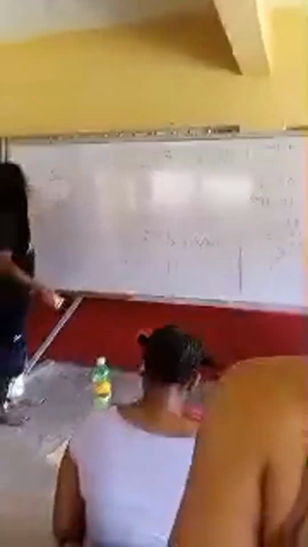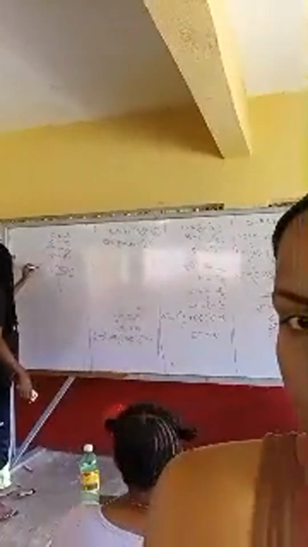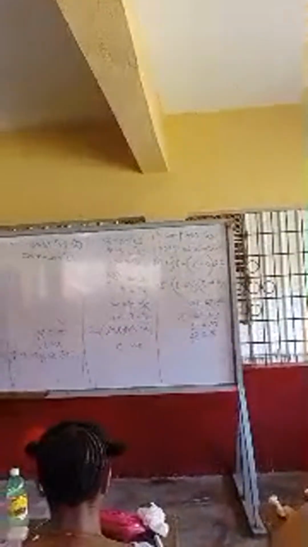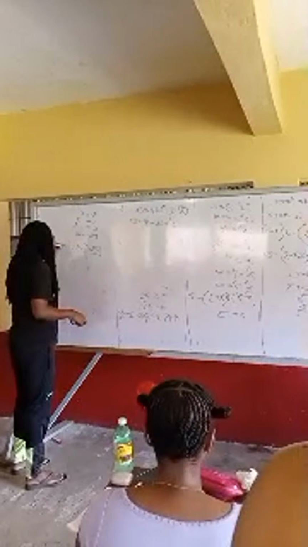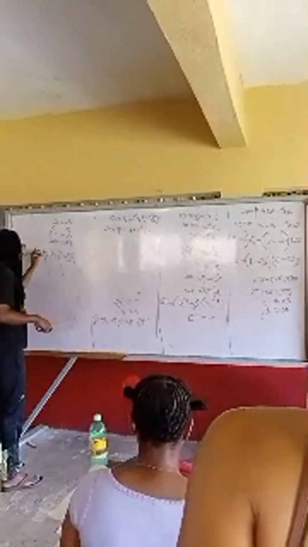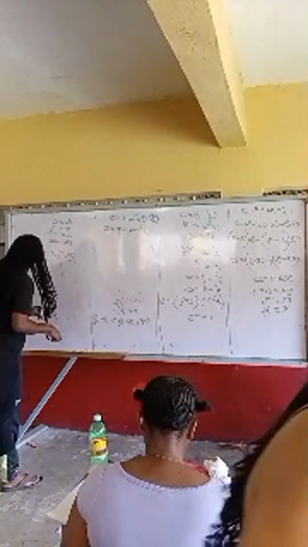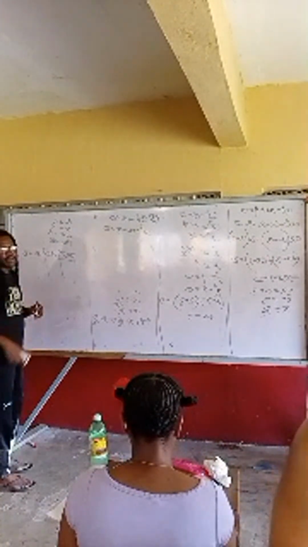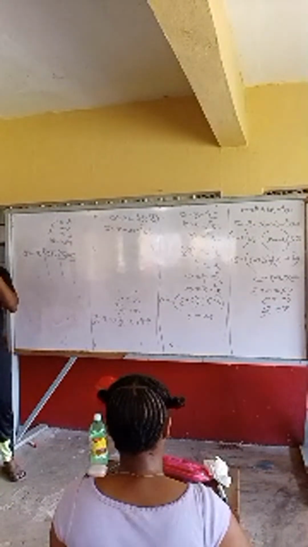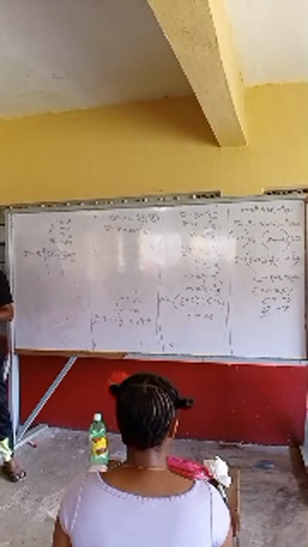So we need two numbers that multiply to minus 36 and add to 0. The only thing you can subtract from itself and give 0 is itself.